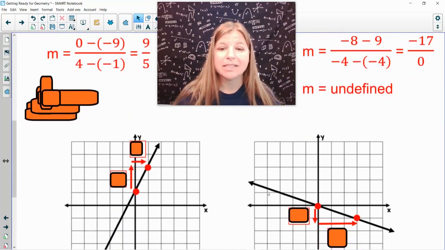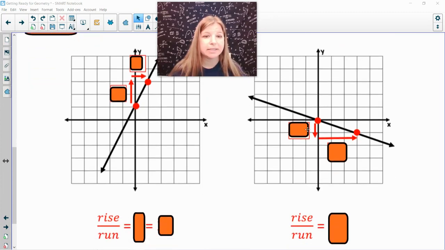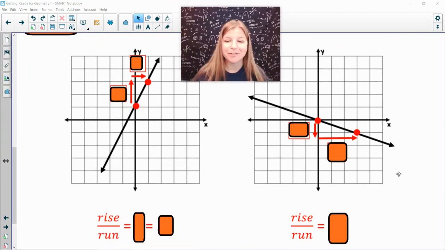Excellent. Last 2. So the last 2 problems we're going to take a look at are actually on graphs. I'm just going to move my screen here. Perfect. And we need to make sure that we know when we're looking at a graph, we could pick the ordered pairs out. We could write them down as the coordinates. We could do the same slope formula that we just did in the previous 6 problems.